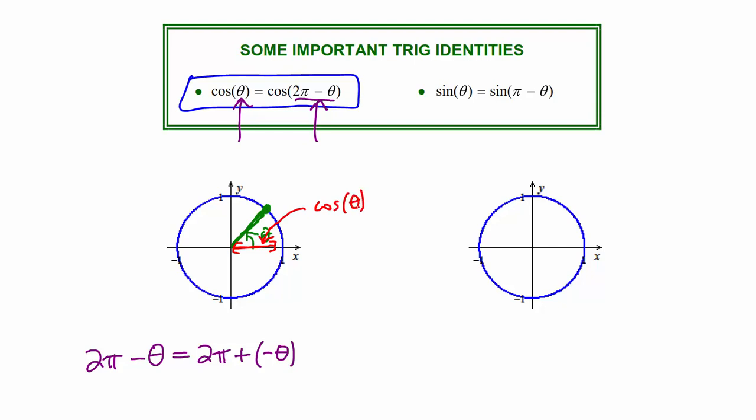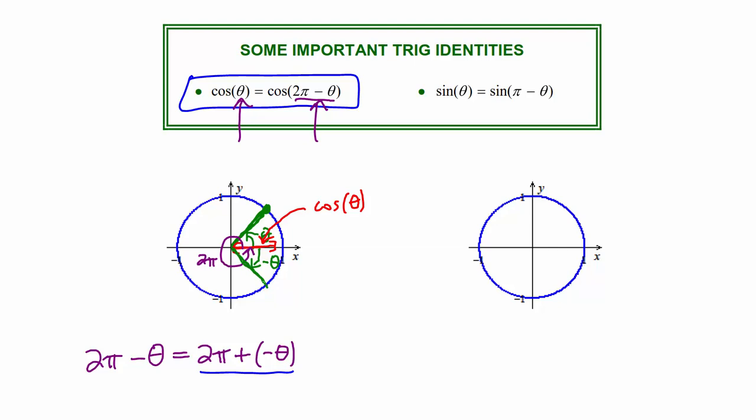And now if we try to construct this angle, 2 pi plus negative theta, what we could do is first rotate 2 pi, so a full revolution is 2 pi, and then we'll add to that the opposite of theta, and that'll take us to this terminal side.